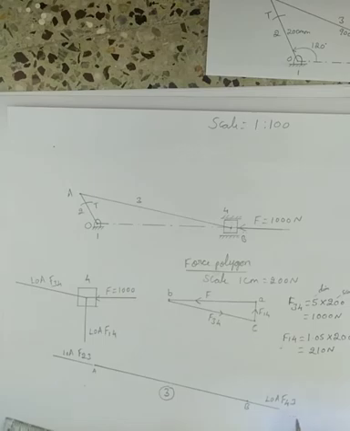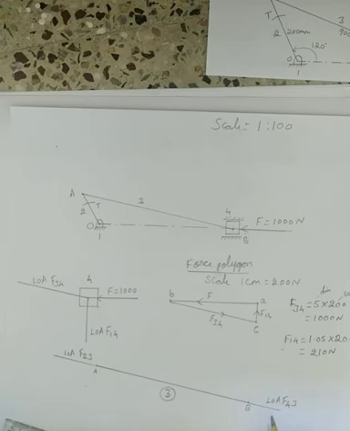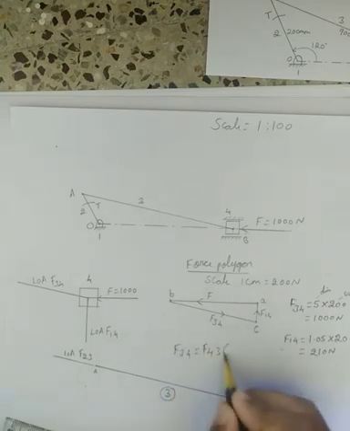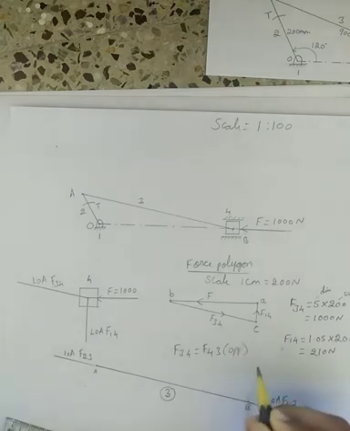Okay, so now I want to know the direction, in which direction the forces are acting. For that, we already know the direction of F34. Since F34 is acting in this direction, F34 is equal to F43 but in opposite direction.